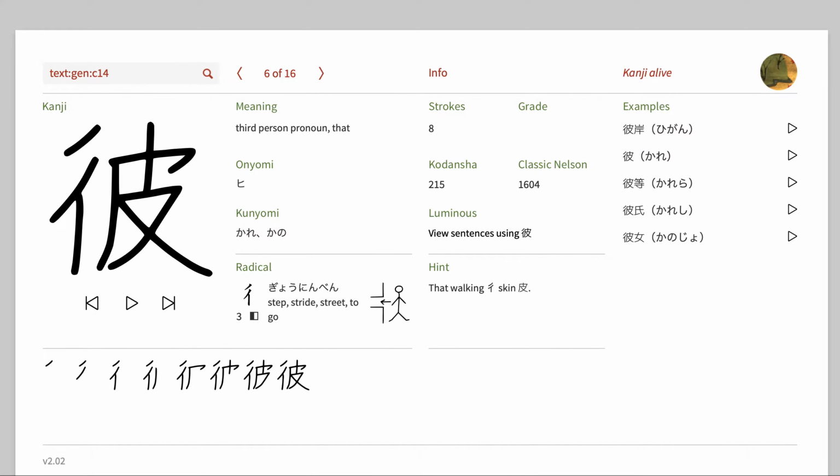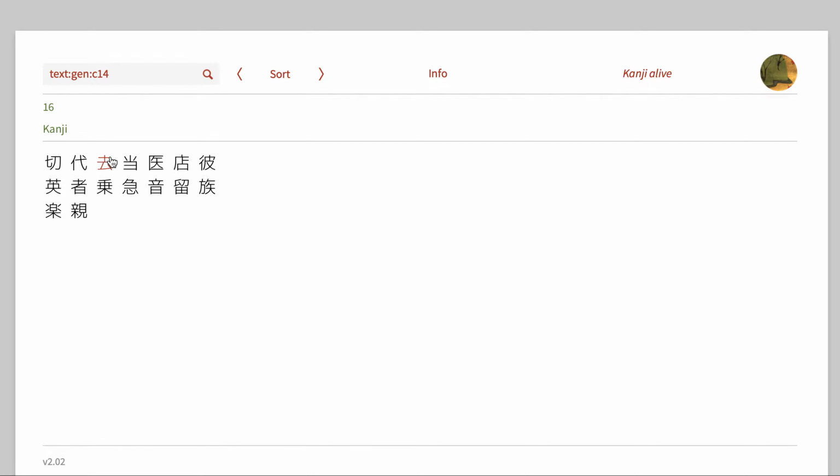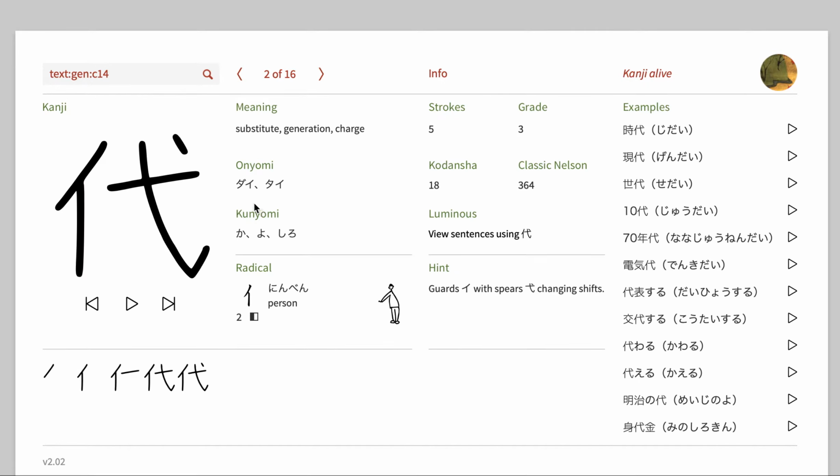The next kanji we're going to look at, the second one, is pronounced dai or tai. The kunyomi can be ka, yo, or shiro. It has a few different meanings. Substitute, like substituting one thing for another, which is kawari. It can be generation, as in generations of humans, or it can be a charge, as in a fee.